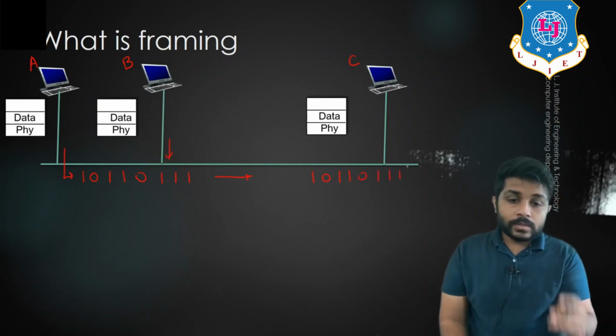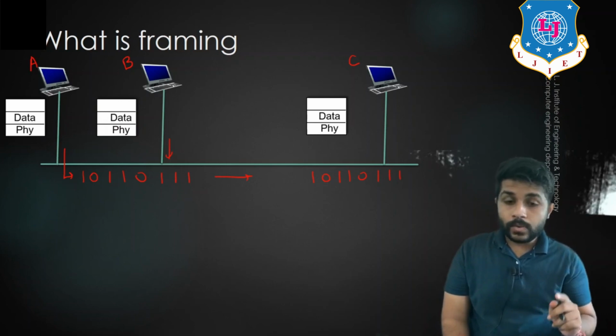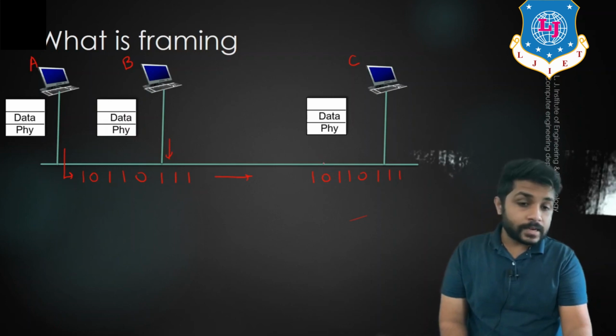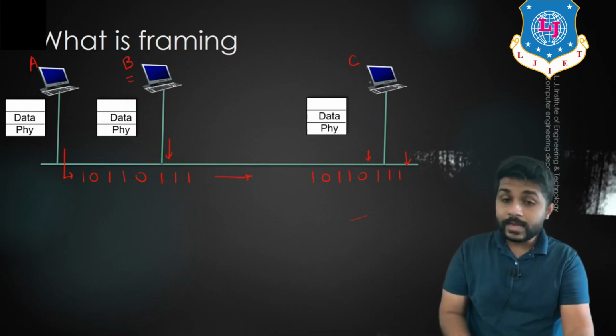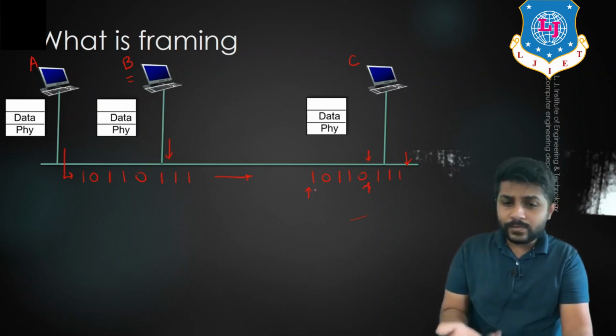Now C is getting 1011011. By receiving this stream of bits, C will get confused because C doesn't know what is the start of the data which is sent by B and what is the end of the data which is sent by B. C also doesn't know what is the start of data which is sent by A and what is the end of data which is sent by A. So C is confused now.